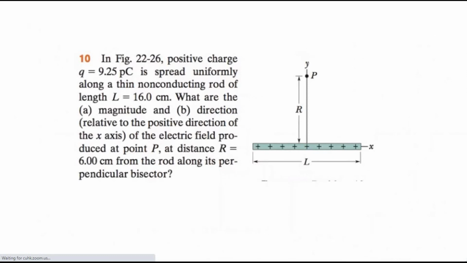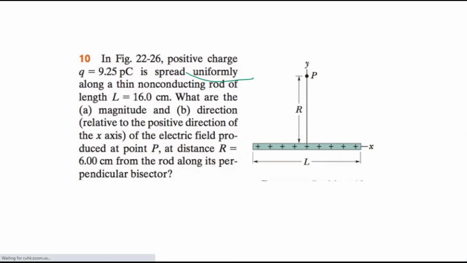Okay, second problem. In the figure, the positive charge Q is spread uniformly along a thin non-conducting rod of length L. Someone is always asking, I have something uniformly distributed, and whether it is conducting. If some charge is uniformly distributed in an object, unless it says it is conducting, it's not conducting.